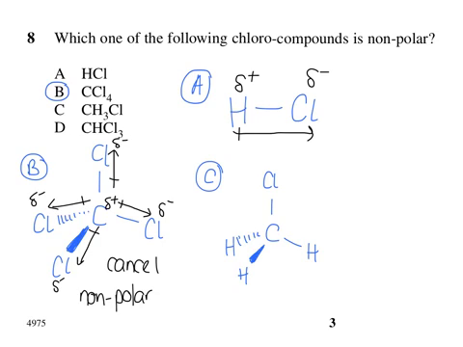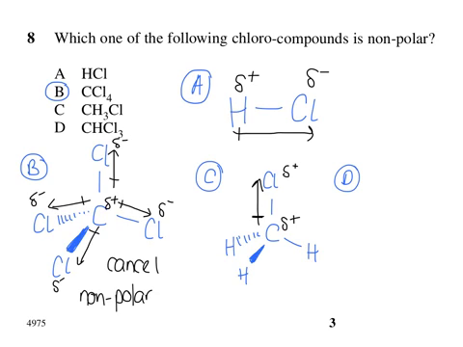And so we'll just draw our dipole from our delta positive carbon to our delta negative chlorine. And so, yes, we've got symmetry within this molecule, but we have a stronger dipole going from the carbon to the chlorine. And so the overall dipoles do not cancel each other out. So this is overall polar.